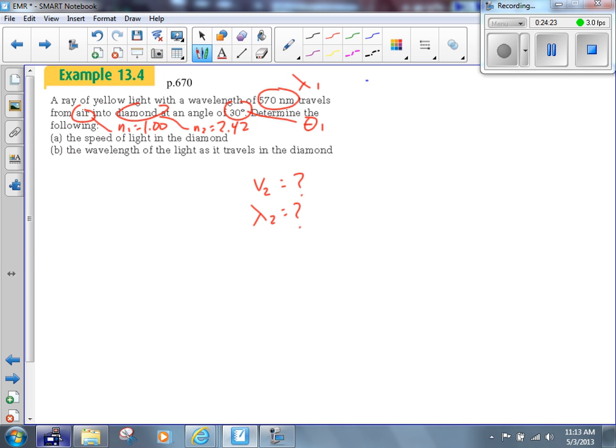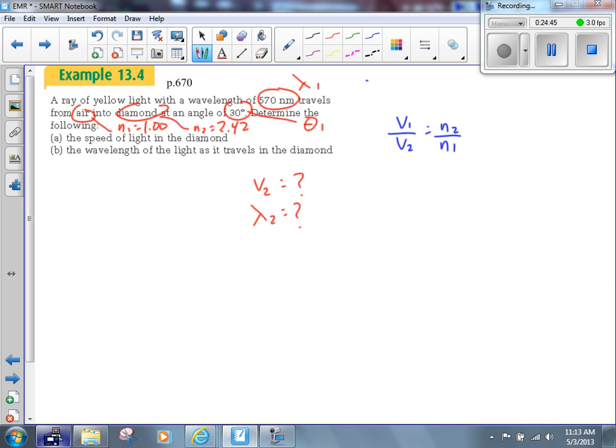Okay, we have N1 and N2, so odds are we're going to use those values, the N2 over N1 part of the equation. If we want to find V2, then we're probably going to use the V1 over V2 part as well. V1 over V2 equals N2 over N1. V1, what's V1?